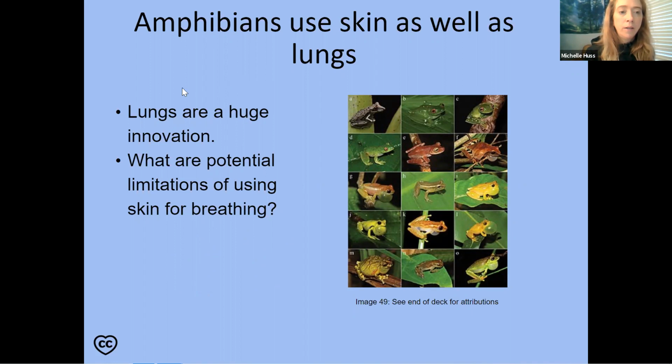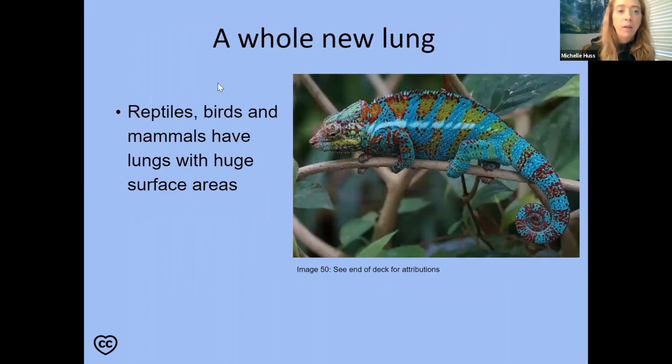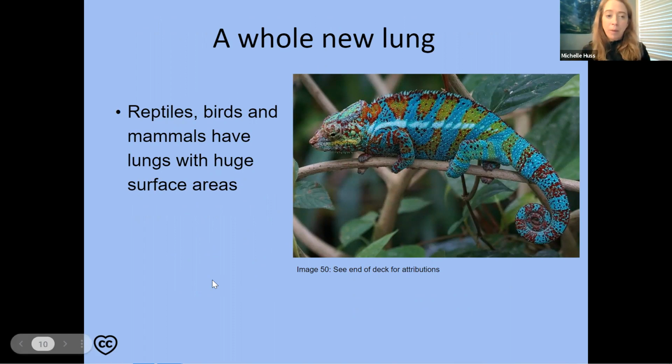Hold on, why is that not working? There we go. All right, a whole new lung. Reptiles, birds, and mammals have lungs with large surface areas. When I was talking about that tennis court, reptiles do too. So I don't know if they have tennis courts, not all of them, but they have really nice surface area.